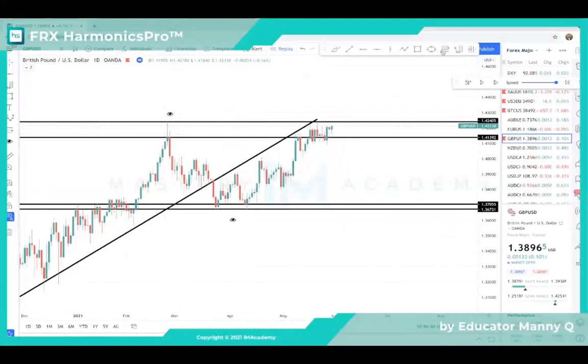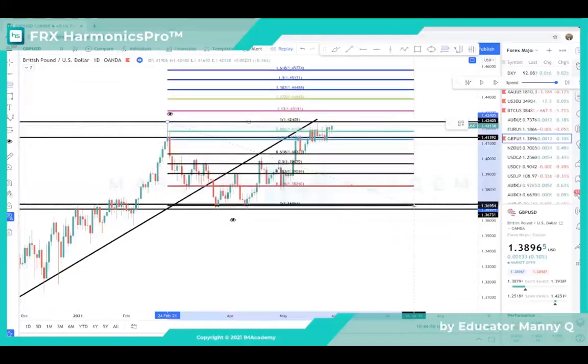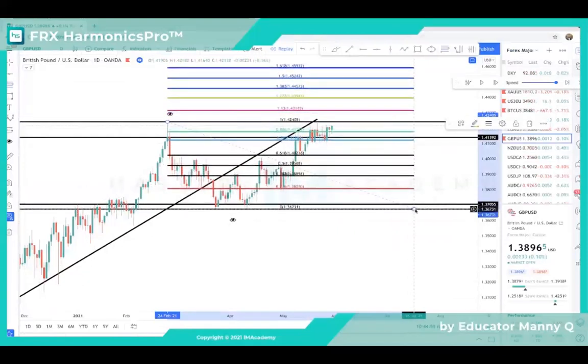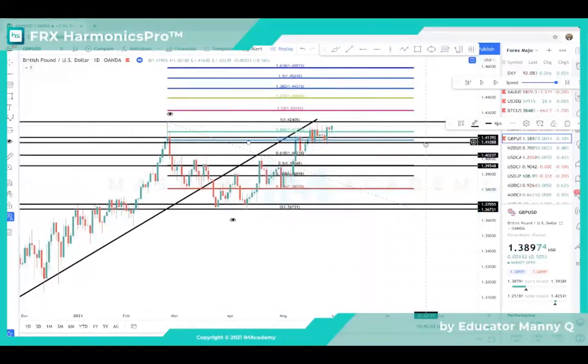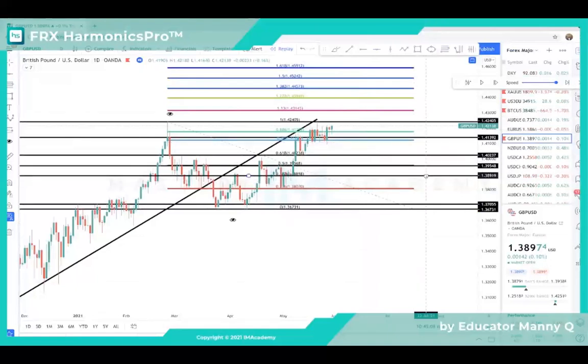If I want to see the equilibrium of this zone, I could do something like high to low over here. I can put out maybe a 50% of that zone to see how that zone is feeling. I can do a 618 of that zone, a 38.2 of that zone.